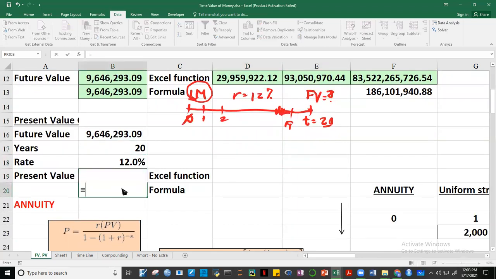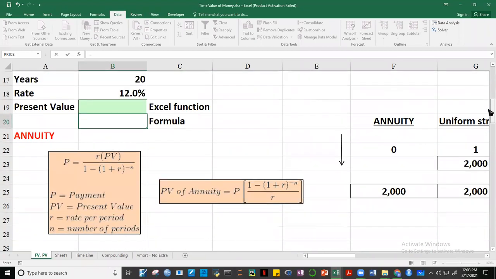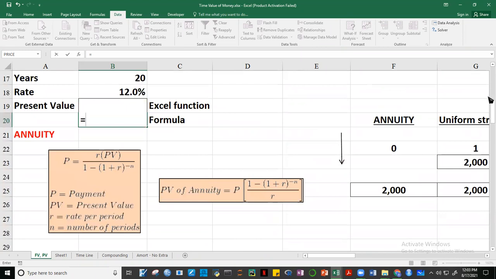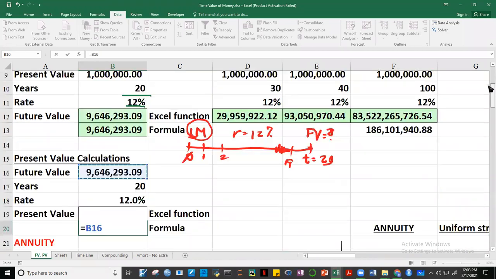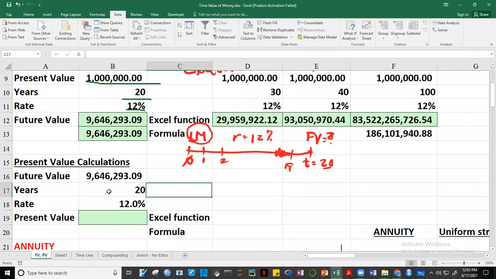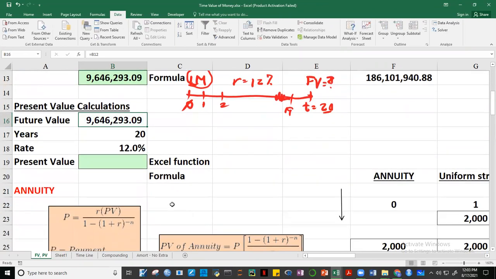So let's use the formula. The formula natin, di ba, ito? To get the present value, that's equal to future value times 1 plus r raised to the negative t, or we divide by 1 plus r raised to the t. So let me do that. So our future value is 9.6 million. Itong 9.6 million natin, guys, kinopya lang natin to doon sa taas. So this is just copied from this one para eksaktong 1 million yung makukuha natin.